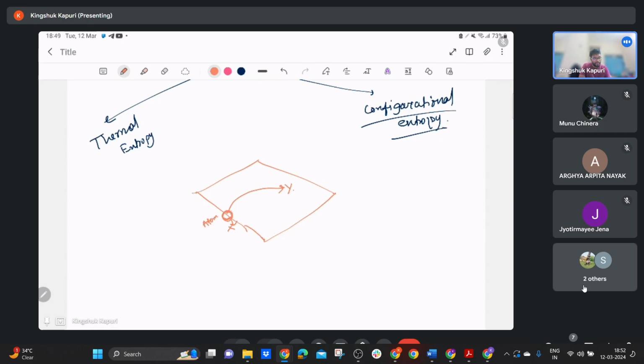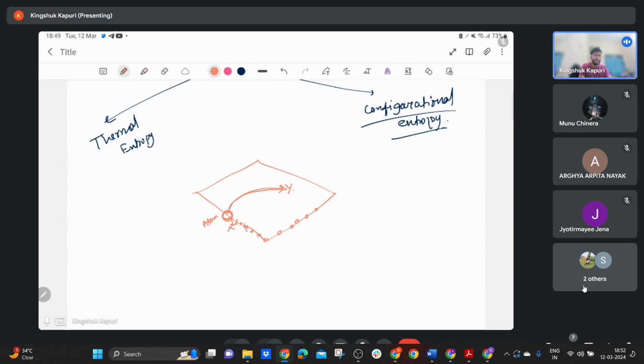If there are very small circles which make up this rhombus, and you suddenly take this circle and swap its position with respect to Y, there will be a distortion in this perfect figure of the rhombus, right? So the configuration will change, and the entropy which deals with swapping of the position of constituent particles is called configurational entropy.